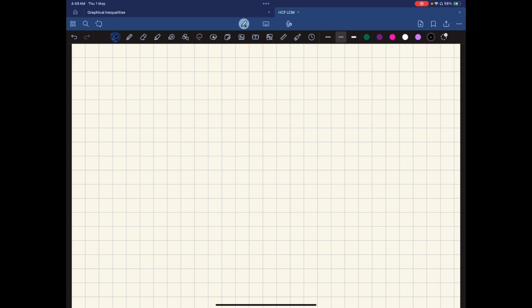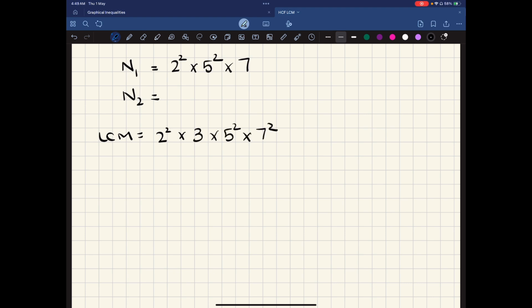LCM of number 1 is 2 square into 5 square into 7, and the LCM is 2 square into 3 into 5 square into 7 square. Okay, and they're asking you to find the lowest value of n2.